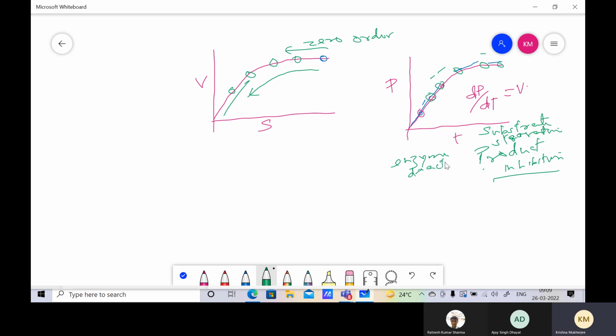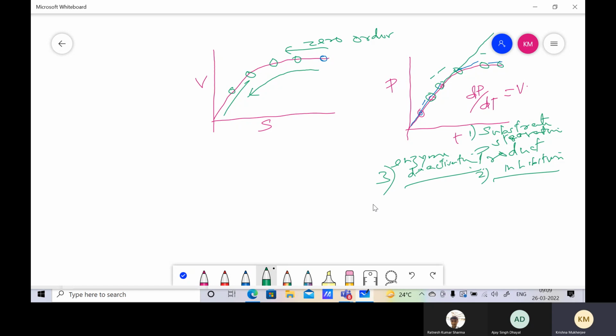Now, what experiments would you perform to find out whether this decline in product formation rate, the fact that this does not keep on going up straight, is because of substrate starvation, product inhibition, or enzyme deactivation?